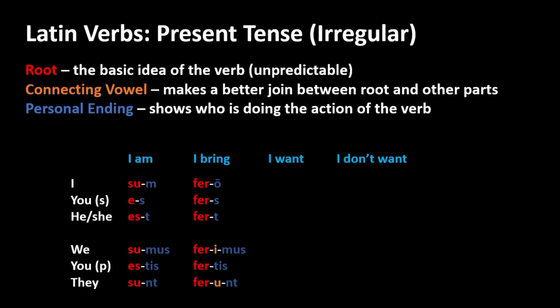Let us move now to two irregular verbs which are clearly connected to each other. Volo, I want. Here the personal ending is joined directly to the root. There is no need felt for a connecting vowel. Nolo, the same. You singular want, or thou wantest, vis. You would not be able to predict that by looking only at volo, and so again, a clear case of an irregular verb.